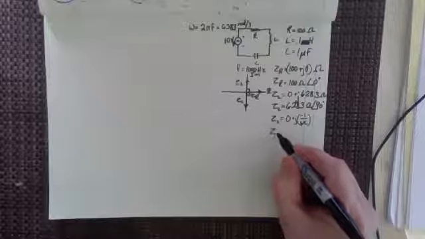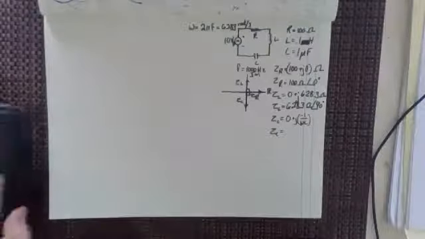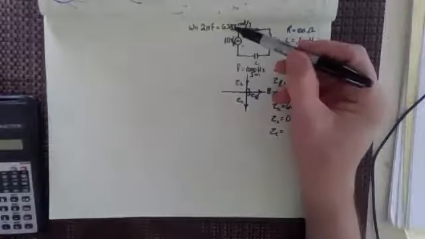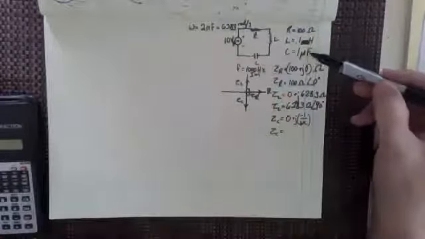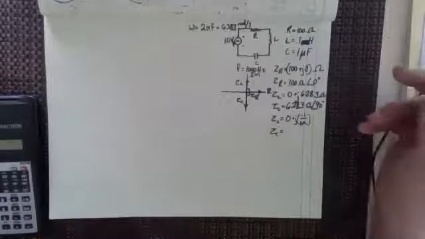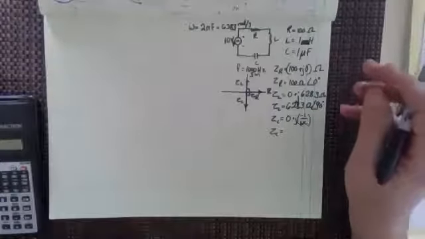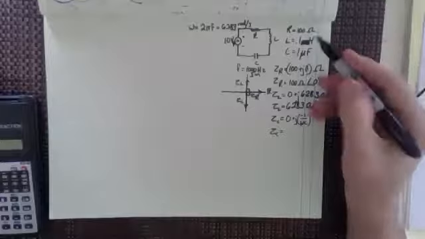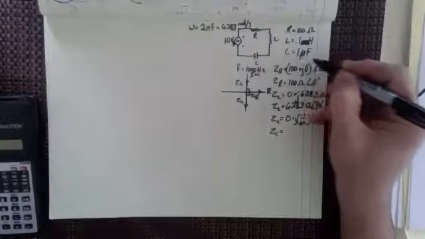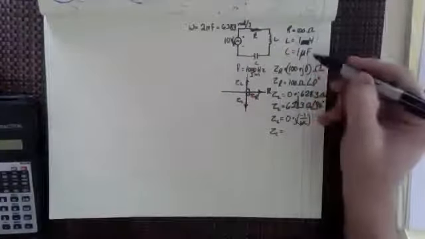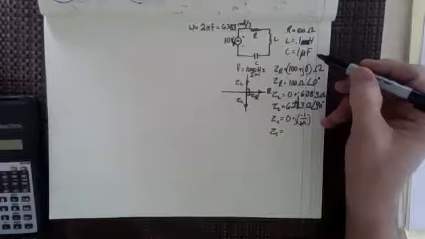So if I wanted to write the impedance for the capacitor, think about it. We've got 6283 times 1 microfarad, right? A microfarad is 10 to the negative 6, so 1 times 10 to the negative 6 times this.